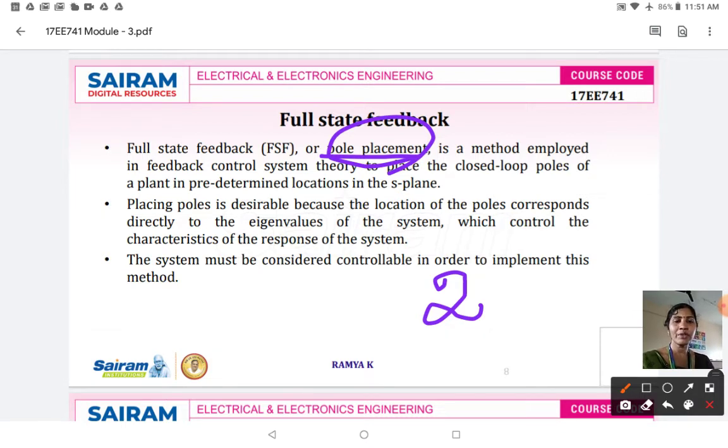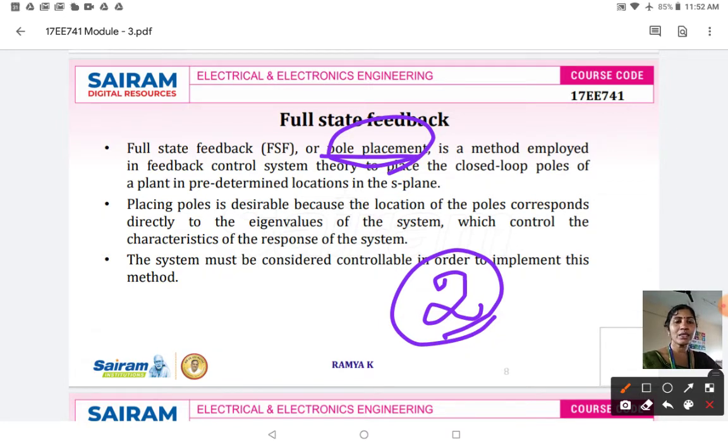So full state feedback is also known as a pole placement technique, where we will be using feedback control system theory to place the closed loop poles at the predetermined location in the S-plane. Whereas in case of root locus approach, only two dominant poles are placed in the S-plane.